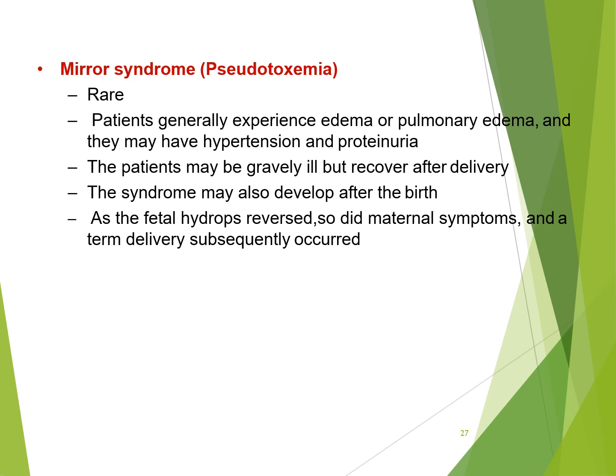Mirror syndrome is a very rare complication of fetal hydrops. Patients generally experience edema or pulmonary edema, and they may have hypertension and proteinuria. Mirror syndrome is preeclampsia on top of a hydropic baby.